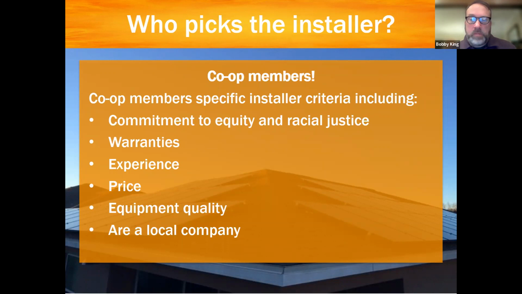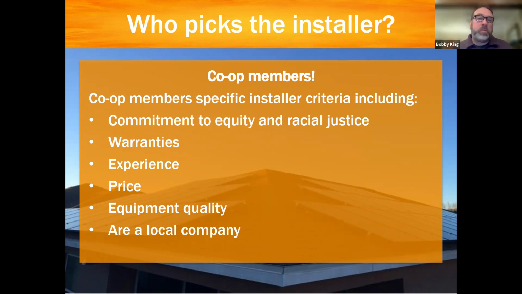We didn't want people to have to drive more than, in the cities, 30 minutes. In a rural area, people are willing to drive 45 minutes or more for a meeting. So the radius of who would attend an in-person meeting kind of limited the co-op. But now that we're doing everything virtually, we've been able to expand the geographic area of a co-op.